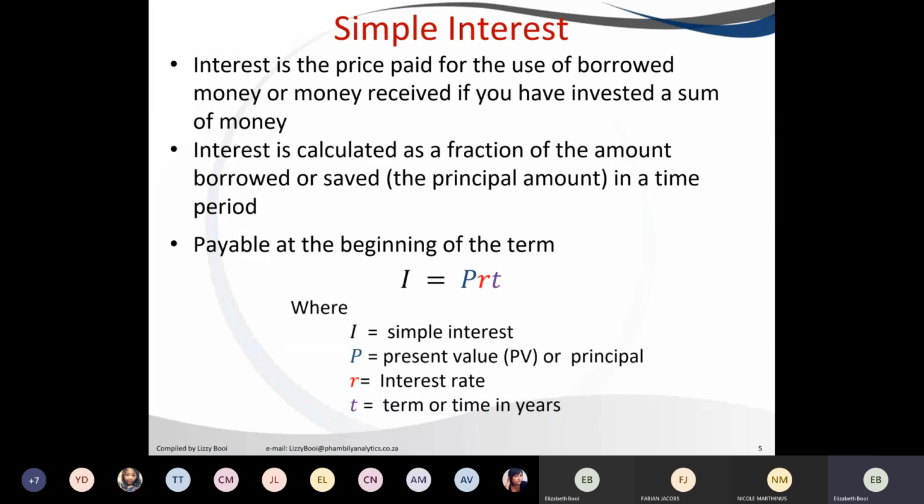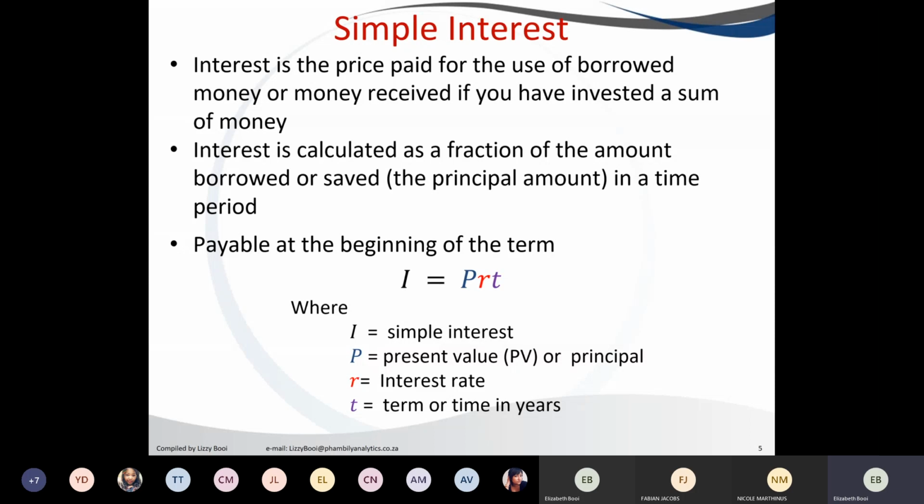And the formula you're going to use to calculate interest, remember, interest is just the amount. It's 100 rand, 200, 300, 5,000 is the interest. And to calculate interest, we use the principal amount multiplied by the period you're borrowing, multiplied by the rate you are going to be charged.